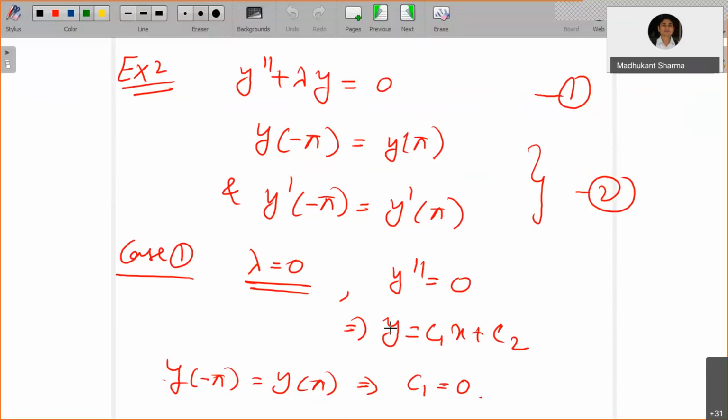So y equals c2. But because of uniqueness, c2 must be 0, because the solution y equals 0 also satisfies y(−π) = y(π), and y equal to a constant enforces c2 to be 0. So only the trivial solution is possible in that case, and we are not interested in it.